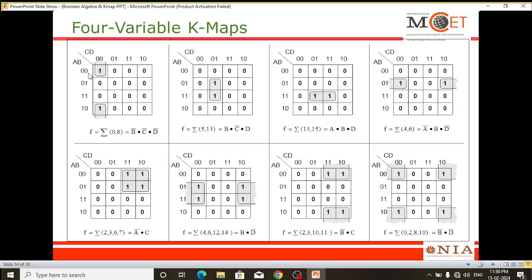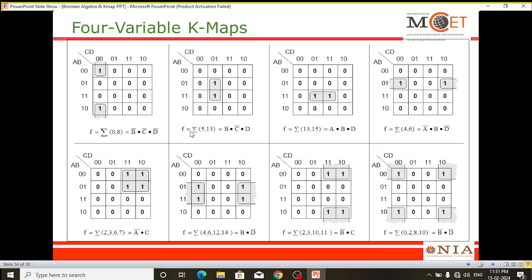Starting 0 0 0 1, then 1 0 1 1, and so on. That gives minterms M0, M1, M2, M3, M4, M5, M6, M7, M8, M9, M10, M11, M12, M13, M14, M15. So this is the number of minterms for the 4 variable K-map.